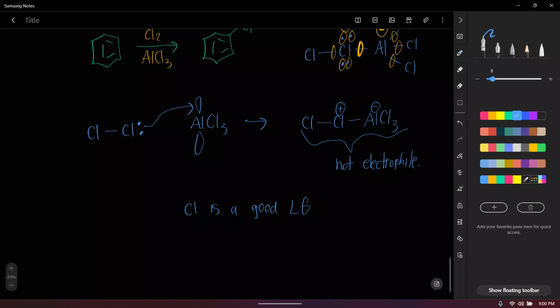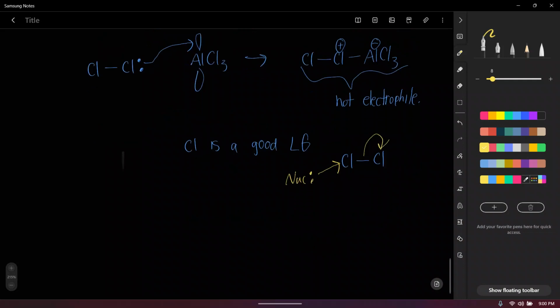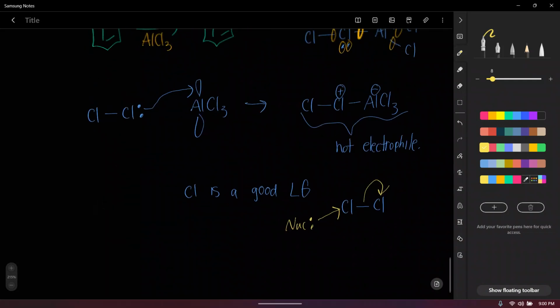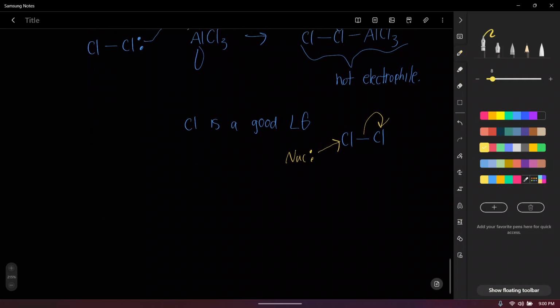It should make sense. So because chlorine is a good leaving group, if I have Cl2, then Cl2 is electrophilic because if a nucleophile with a lone pair attacks this chlorine, then the leaving group can leave, right? But it should make sense to you that if neutral Cl is a good leaving group, then positively charged chlorine is going to be an absurd leaving group, right?